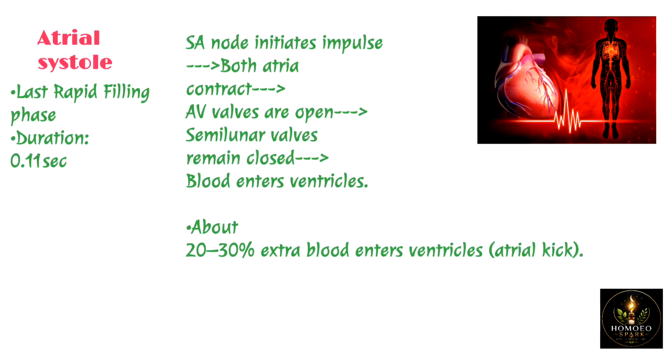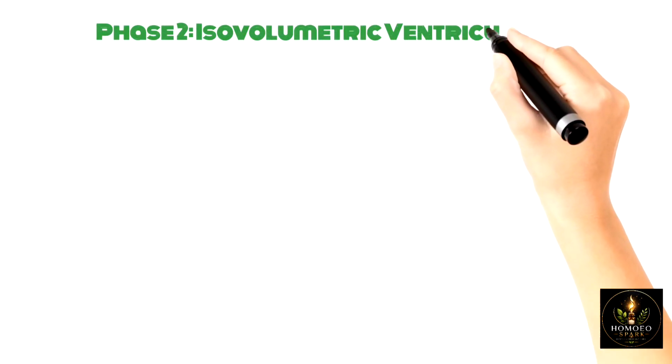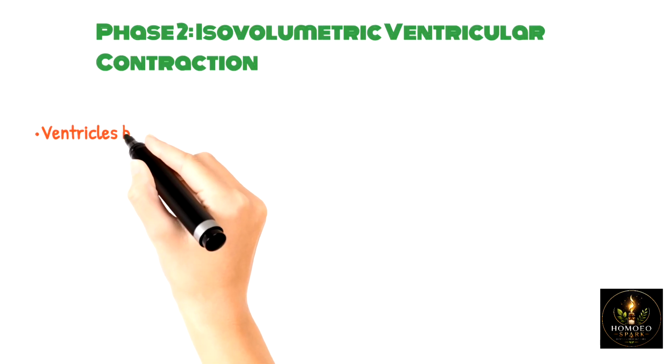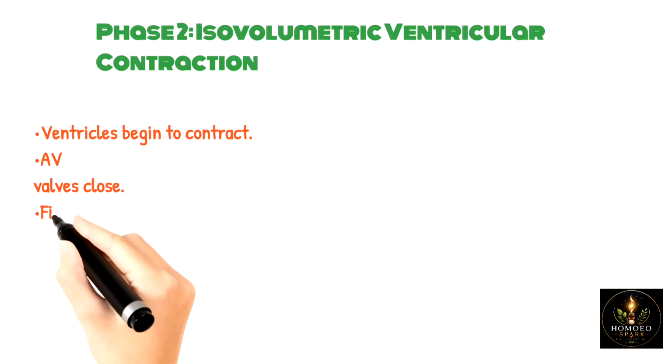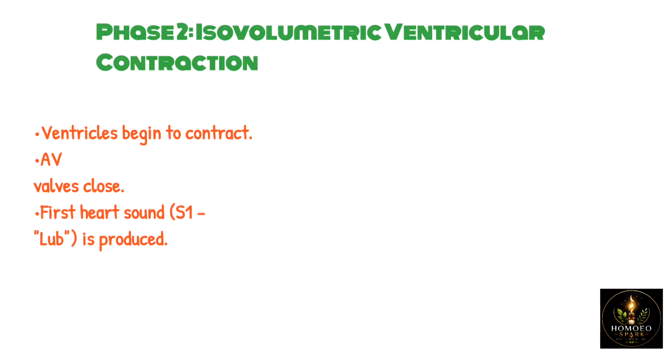After this, we will be seeing the ventricular systole period. Ventricular systole period is divided into two phases: isovolumetric contraction phase and the ventricular ejection phase. Isovolumetric contraction is for 0.05 seconds. The ventricle begins to contract so that AV valves close, producing the first heart sound.